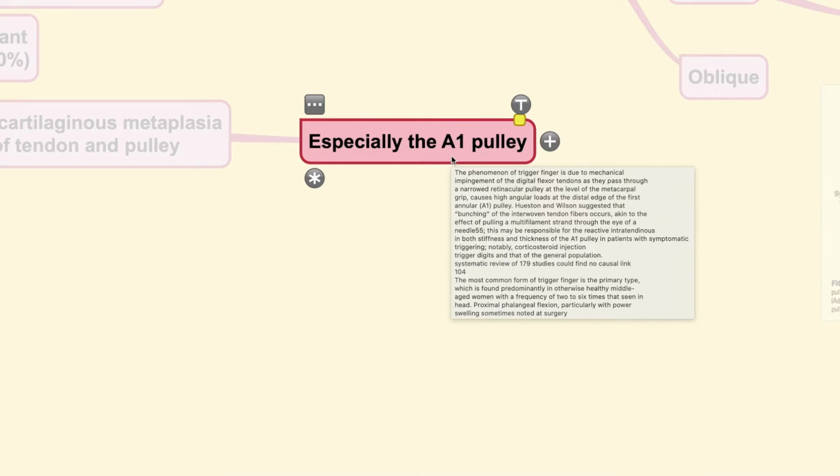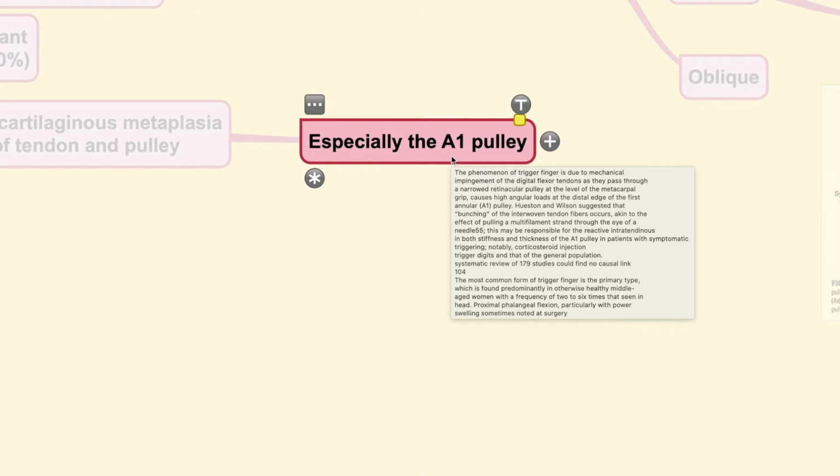This is due to the increased contents under the pulley, because at this level the flexor digitorum superficialis branches and the flexor digitorum profundus rises superficially.